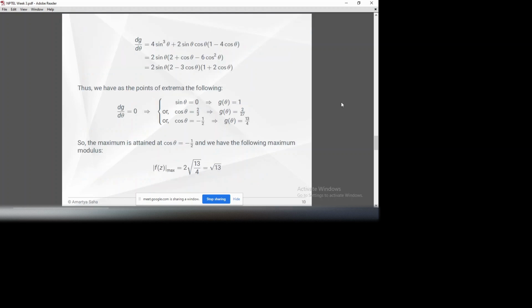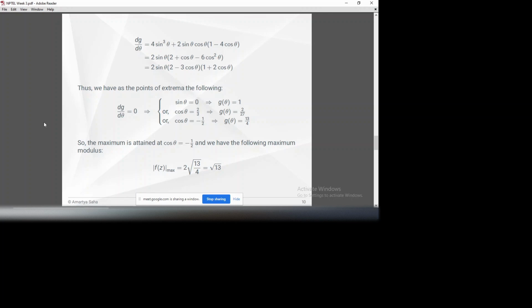But what have we seen here? We have seen that the maximum value that is actually attained is root 13. So the value that we obtain from blindly using the triangle inequality is not actually attained here. This is a subtle point.